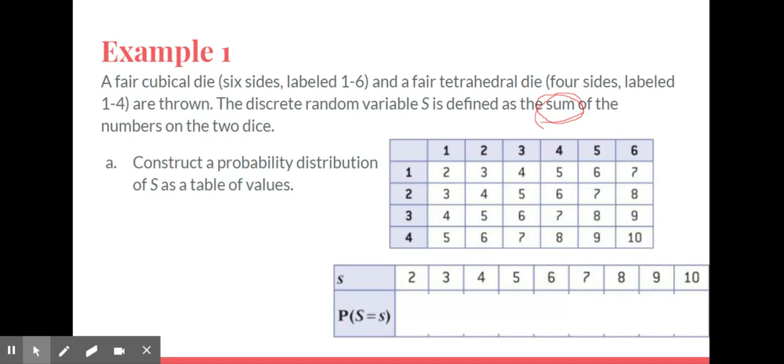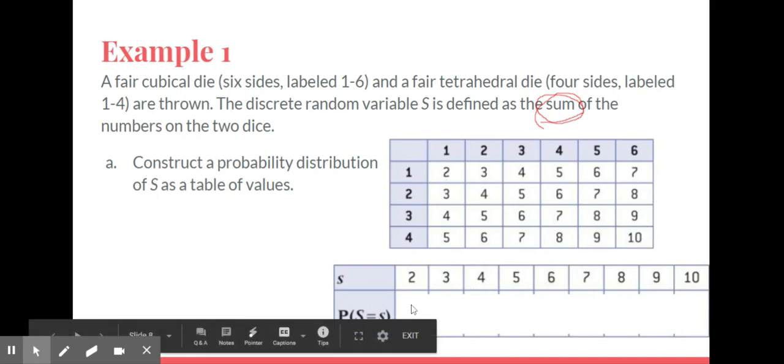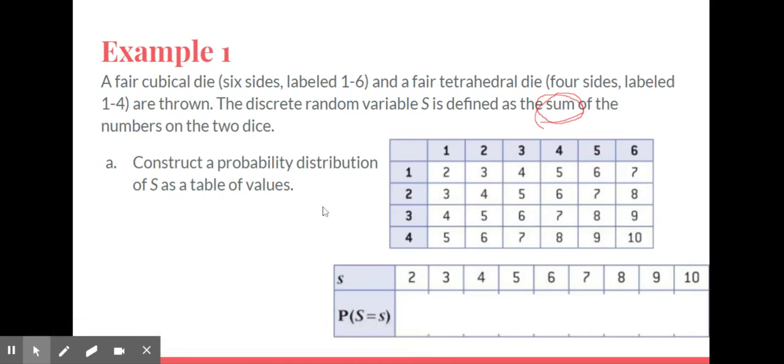When I try to figure out my probabilities, I can see that the probability of getting a 2, there's only 1 out of all of these possibilities. There's only 1 two. There's a total of 24 possibilities, so the probability of getting a 2 would be 1 out of 24. I have 2 threes out of the 24, so my probability of getting a 3 is 2 out of 24, or 1/12, et cetera.